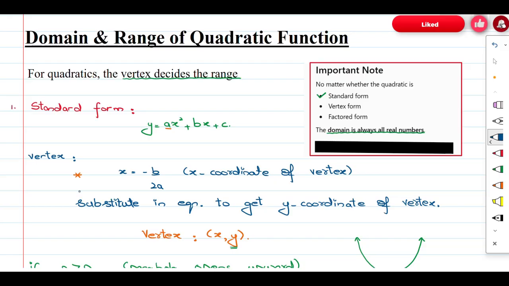First, we need to get the x coordinate of the vertex by using the formula x equals minus b divided by 2a. b is the coefficient of x and a is the coefficient of x squared, right? Plug into this and you will get the x coordinate of the vertex. Once you have the x coordinate of the vertex, plug that into your equation and get the y coordinate of the vertex. Now you will get the coordinates of the vertex, right?